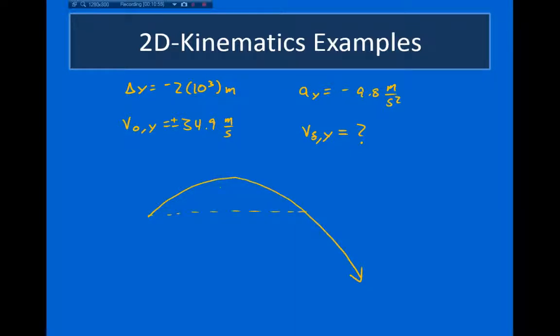When the fuel tank returns to the initial height, 2 kilometers above the ground, the y component of the velocity at this point is going to be minus the y component of the initial velocity.